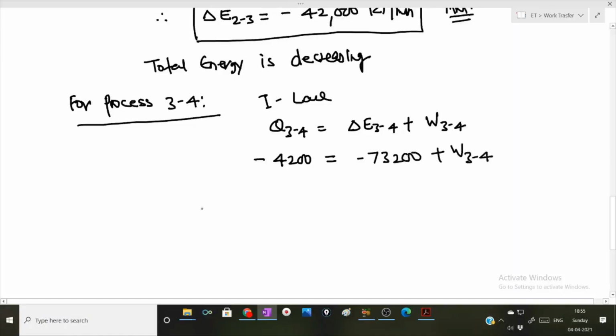W34 is to be calculated. So from here W34 will be 6900 kilojoule per minute.